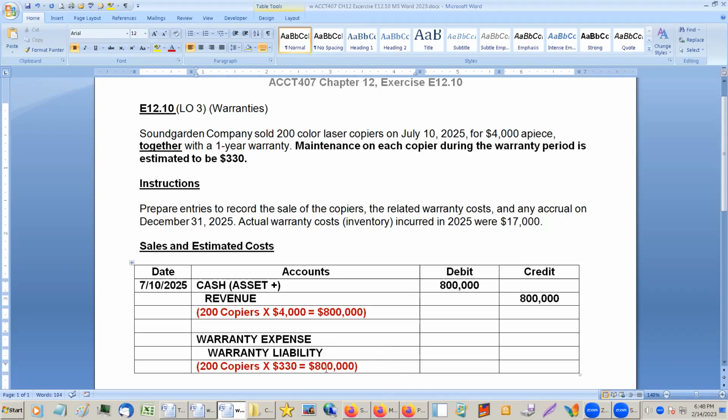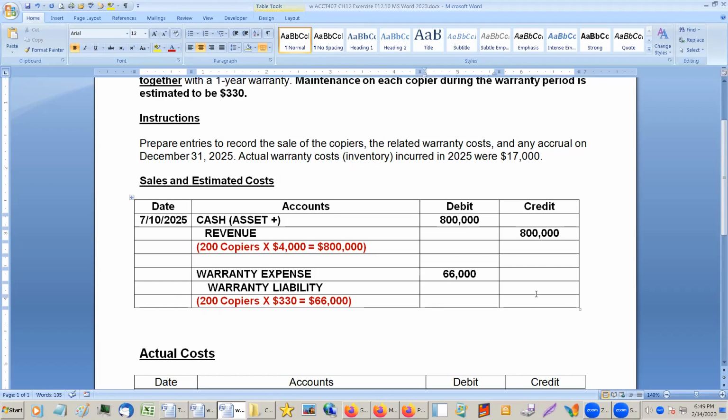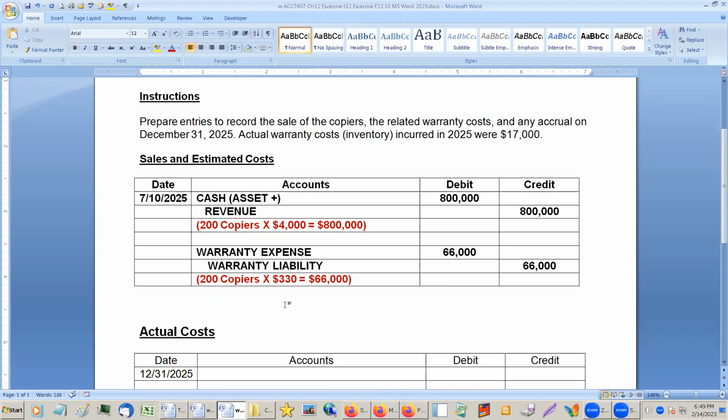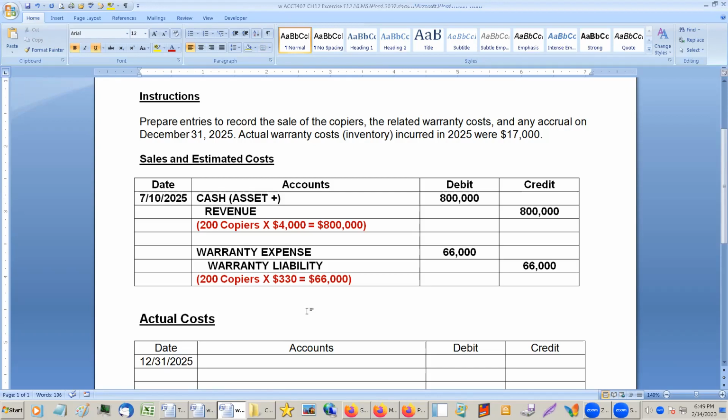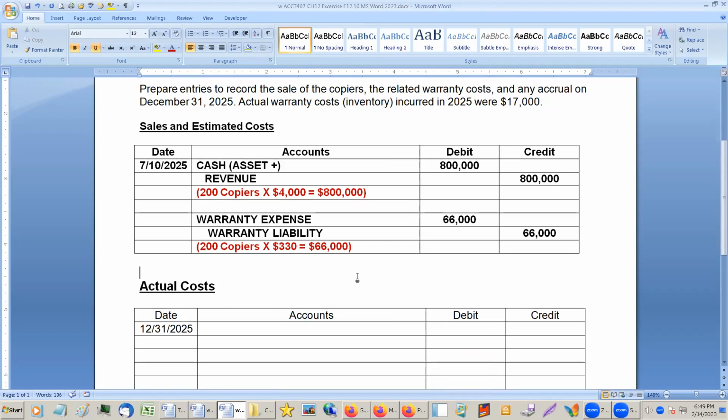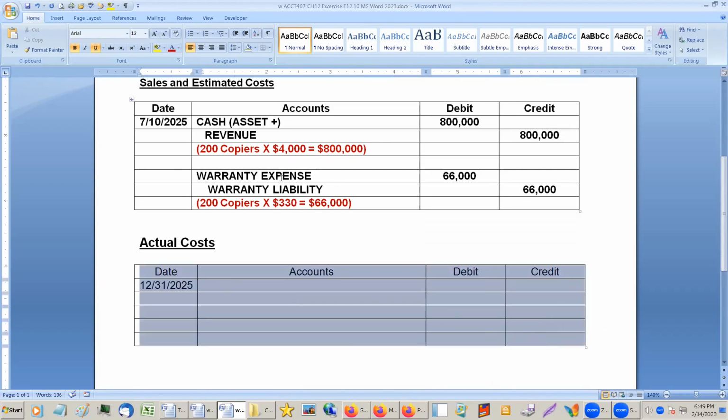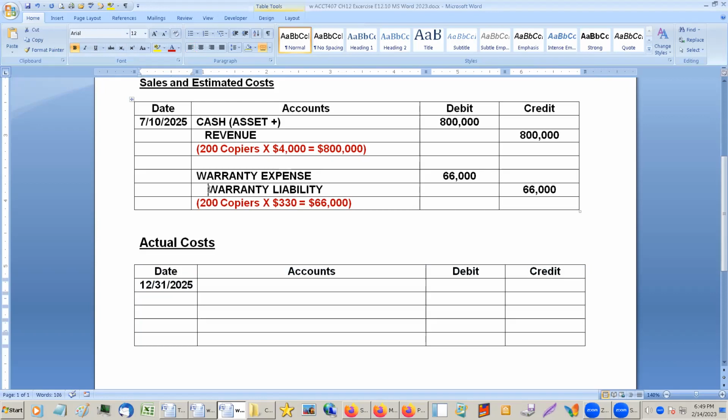Let's see, 200 times 330: 66,000. Okay. Now I'll let you guys figure out what to do with the actual costs.